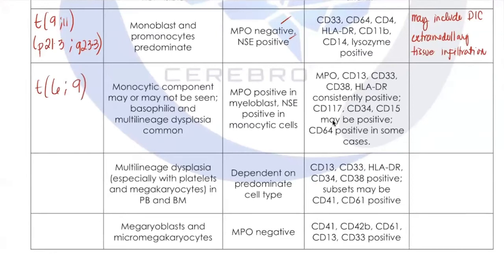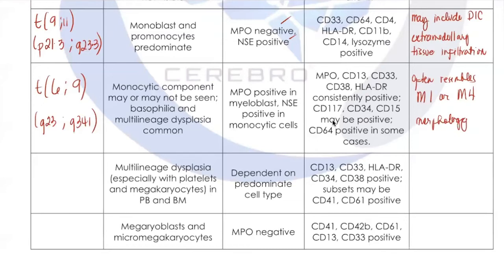Translocation from chromosome 6 to chromosome 9, specifically in the long arm 23 to the long arm 34.1. Okay? So, this type of AML often resembles M1 or the M4 morphology. Okay?